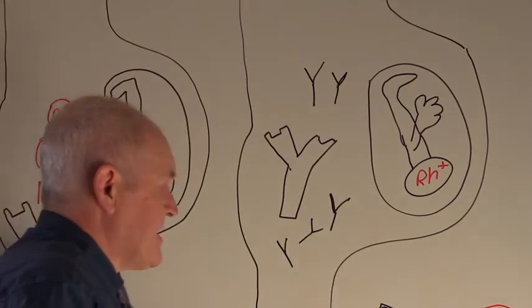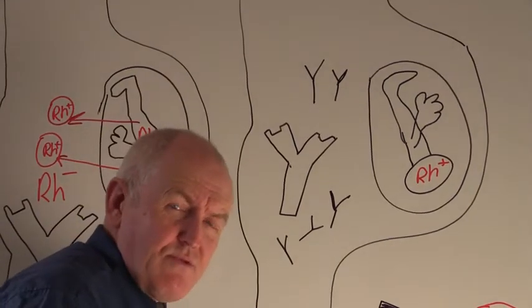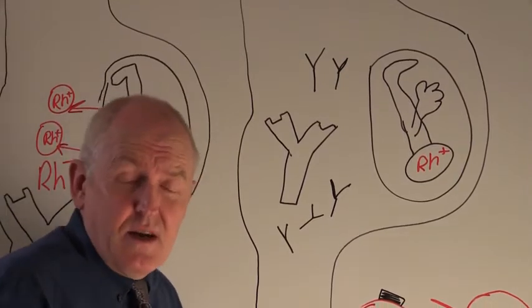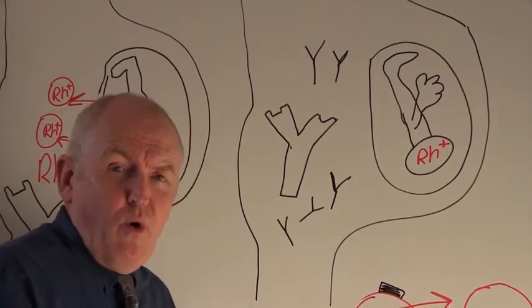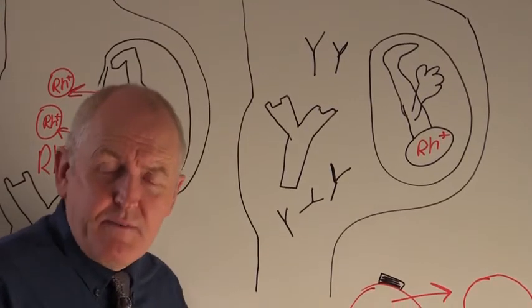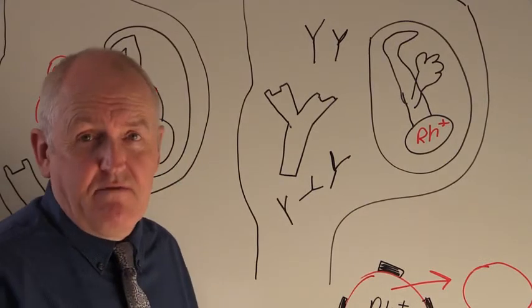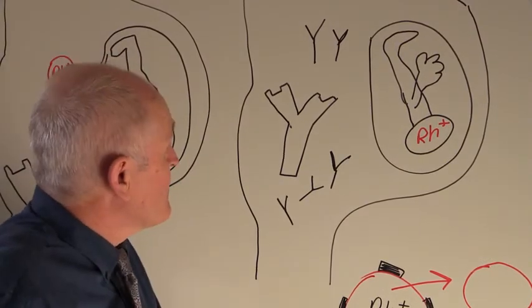Now the problem is that transplacental migration of antibodies does occur, and in fact it's essential that it does occur, because when the baby is born we want the baby to have passive immunity as a result of the mother's antibodies to all the bacterial and viral diseases that are about.